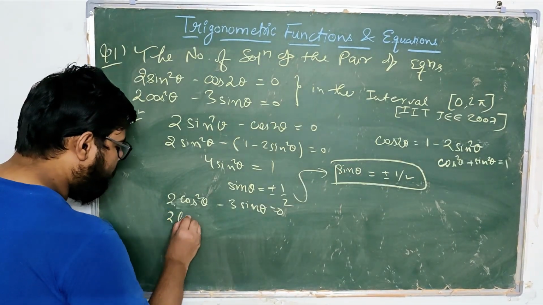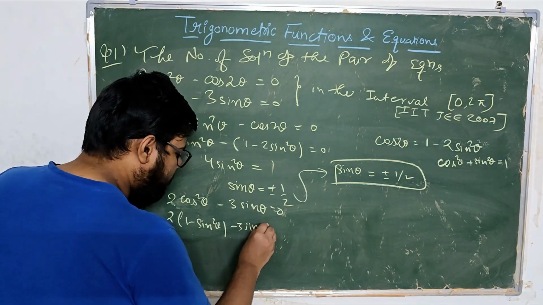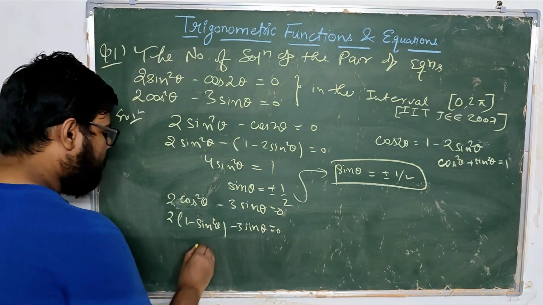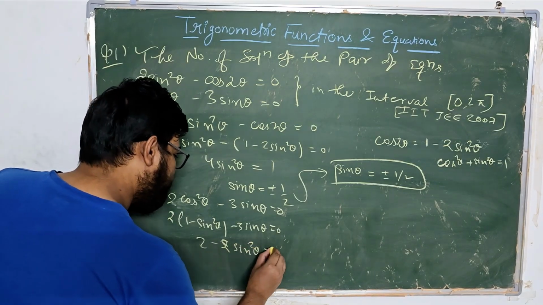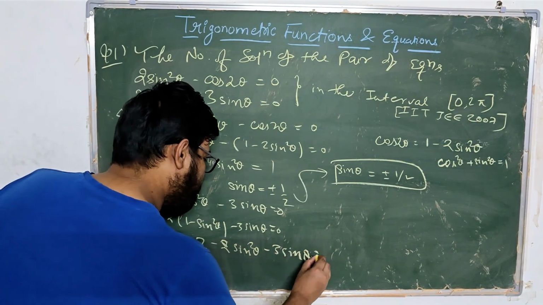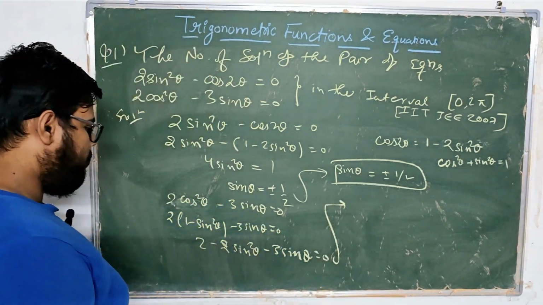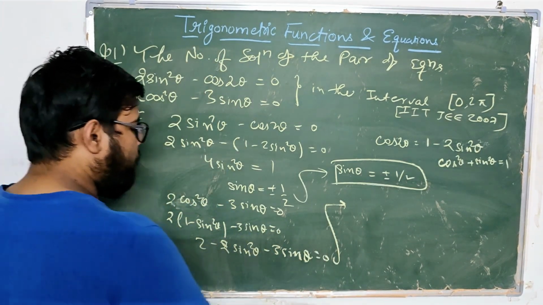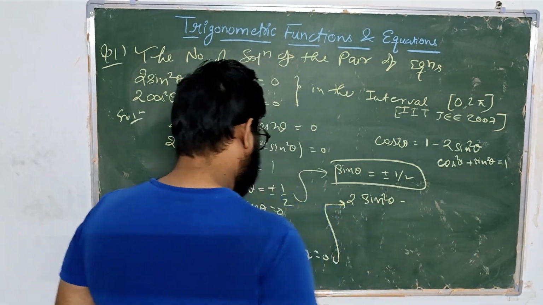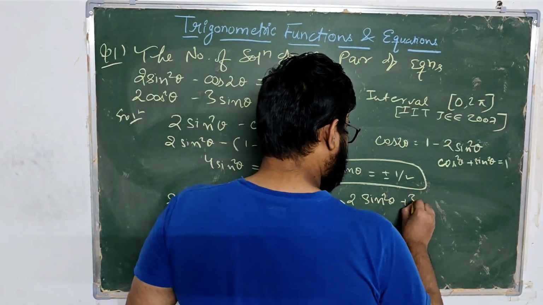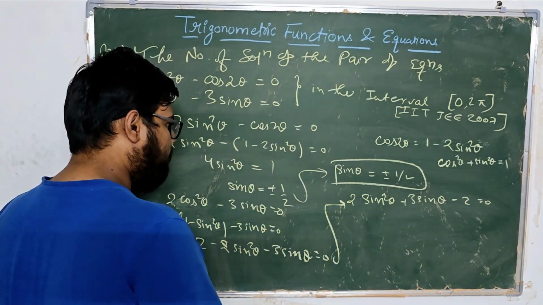Just use it over here. 1 minus sine square theta minus 3 sine theta is equal to 0. So you have 2 minus 2 sine square theta minus 3 sine theta is equal to 0, correct? Just evaluate this now. What you will get? 2 sine square theta plus 3 sine theta minus 2 is equal to 0, right?